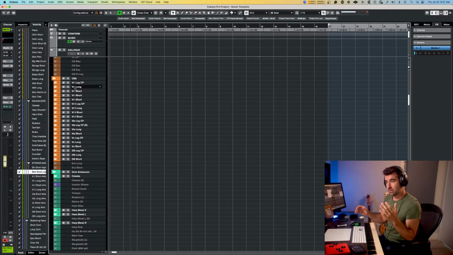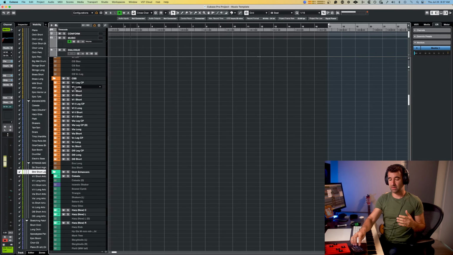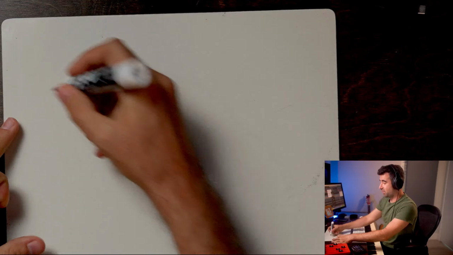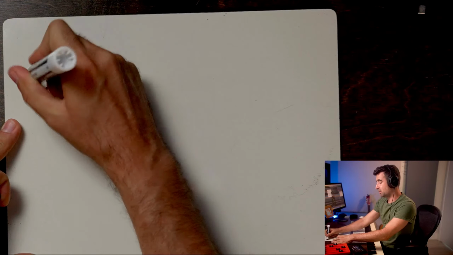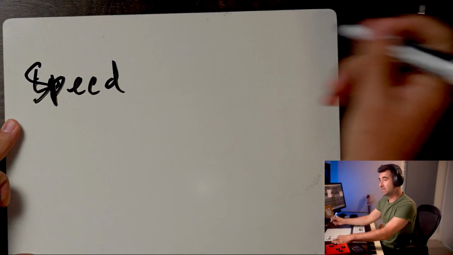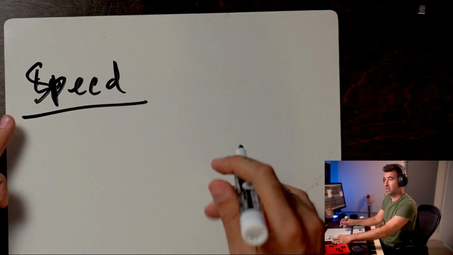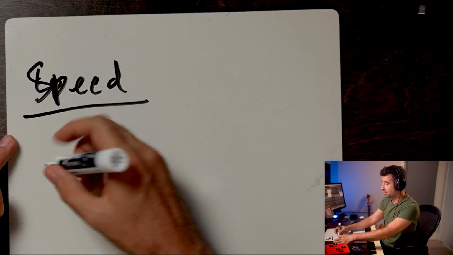If we remember, there are two things that the template is going to do. First, everything is loaded, so speed, right? Everything is loaded so we can just put our hands on the keyboard and start composing. But then the second thing is sound.